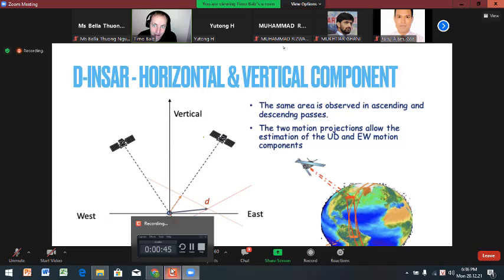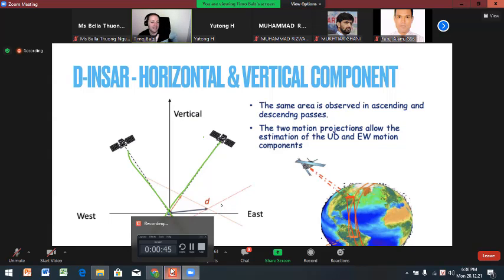Then we can form a 3D vector of these two measurements and derive the motion in vertical and horizontal direction. And we can actually then also derive a 3D deformation vector.